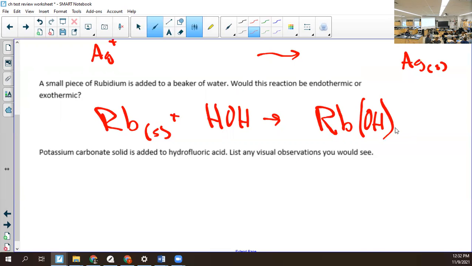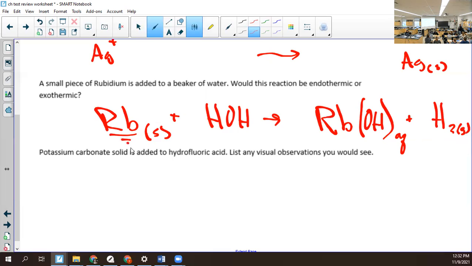Because it's in family 1 hydroxide land, right? Amazing. Okay. What else would it make? What's left? Oh, an H. H2 gas. Would it be endo or exothermic? It's extremely exothermic. It blows up on contact.